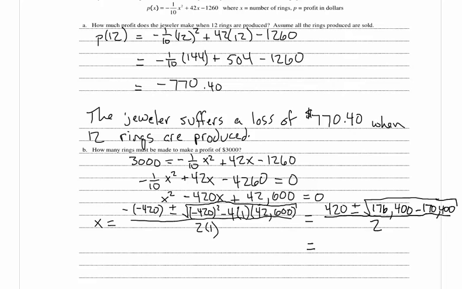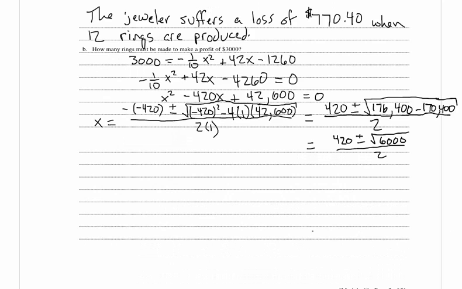And this is equal to 420 plus or minus the square root of 6,000 divided by 2. So then we can say that x is equal to 420 plus the square root of 6,000 divided by 2, or x is equal to 420 minus the square root of 6,000 divided by 2.